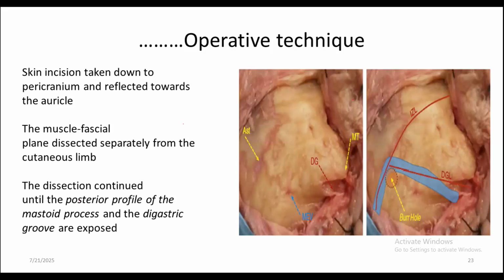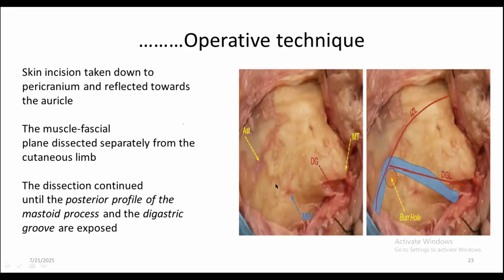And this will expose the operative field, where we can appreciate the digastric notch, and then the tip of the mastoid process, and then also the mastoid emissary vein, which is an important landmark to identify where the transverse sigmoid junction is.